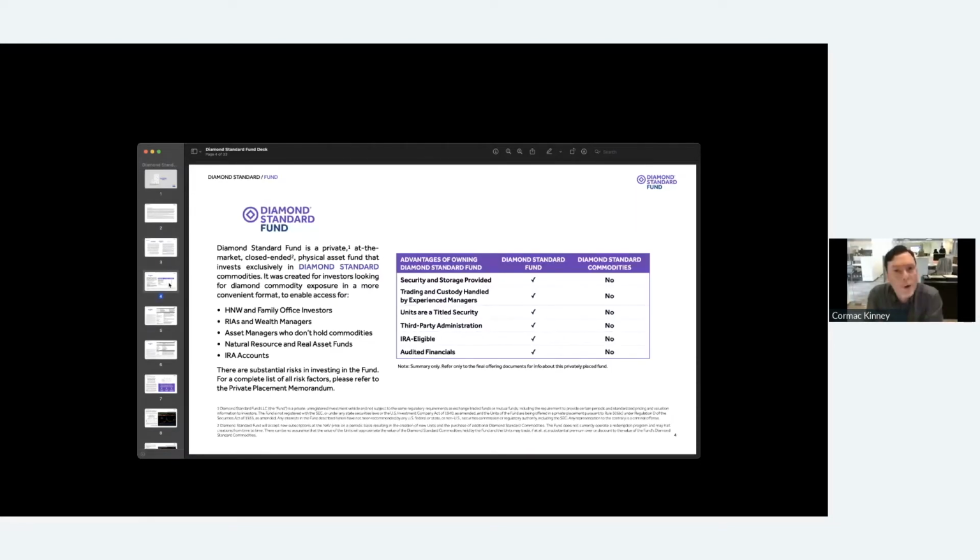And basically all the fund does is hold coins and bars, but by putting them into a fund, we make it very convenient for investors by providing the custody, the trading, and also auditing. We have a third-party auditor called Witham, and also the administration.